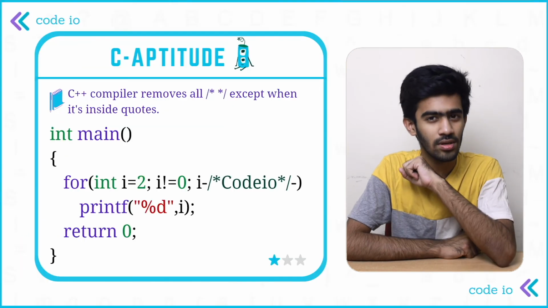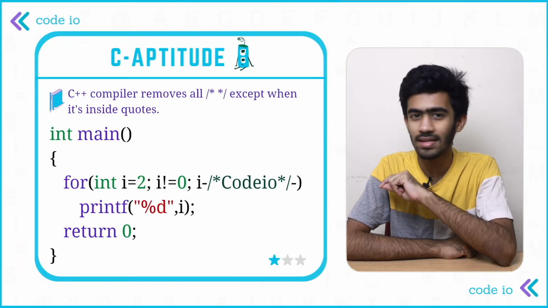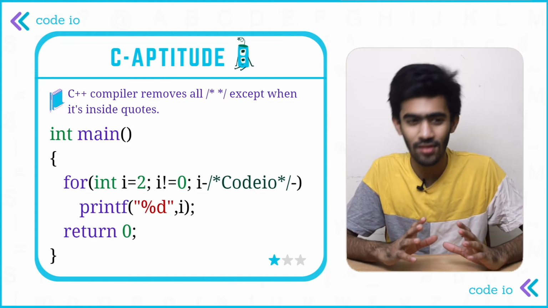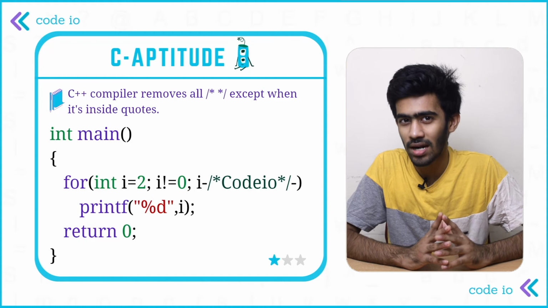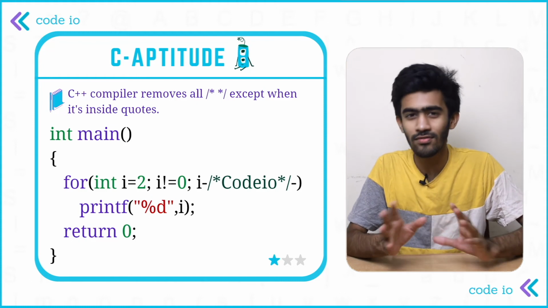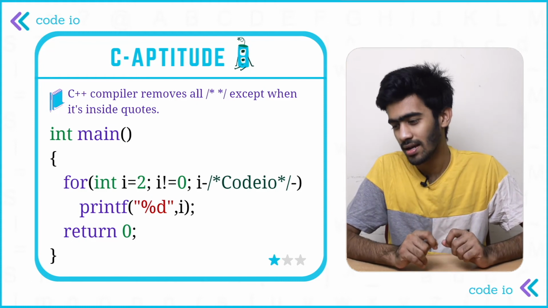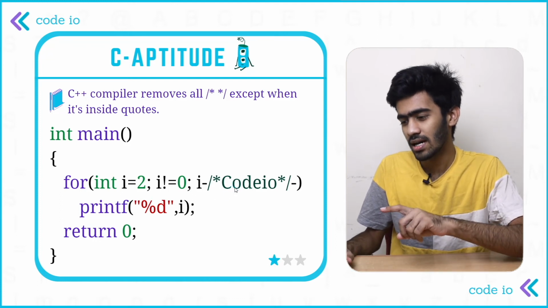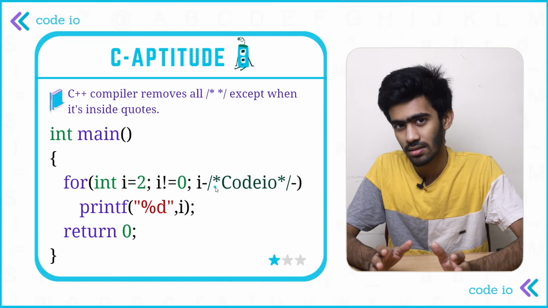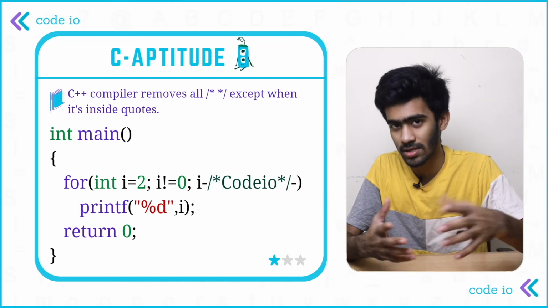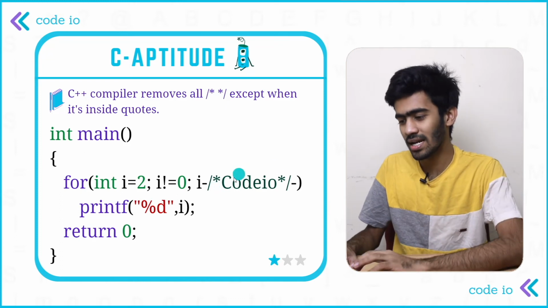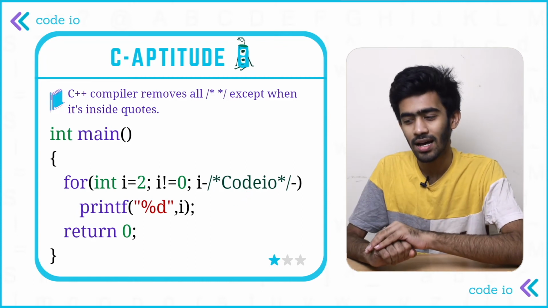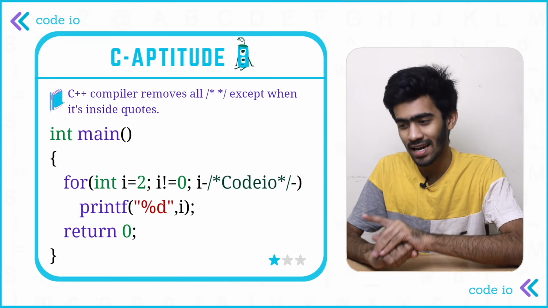Before moving on to the try-out session, there is one thing that we need to understand. I thought of this comment and it was confusing. It's a really good question, but I had another doubt, so I fiddled around with this code and found this. The thing is, if we have a comment between the unary operator minus, the operator that we use for increment and decrement, if we give this comment inside this operator, that does not work, and that gives us an error.